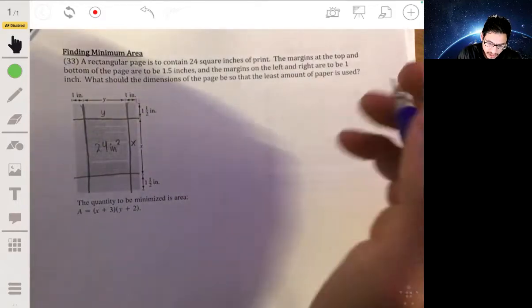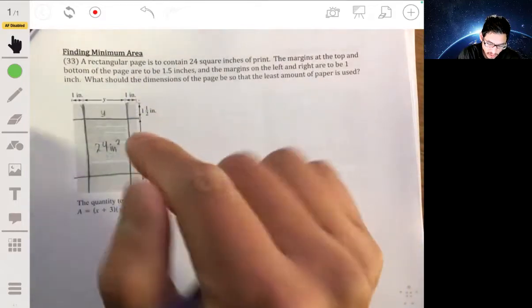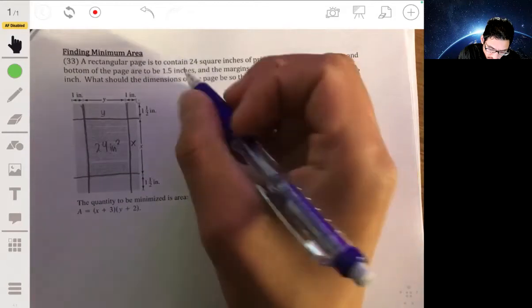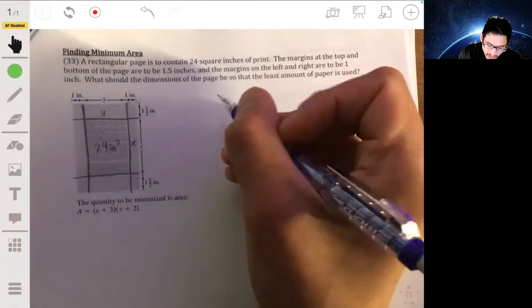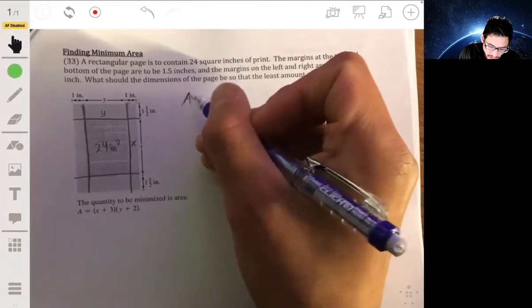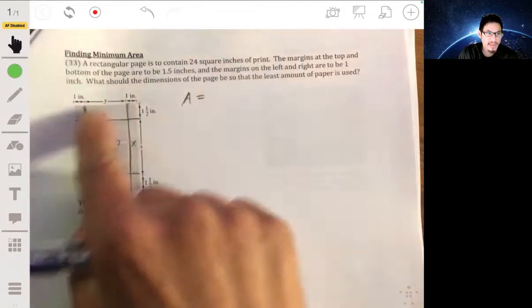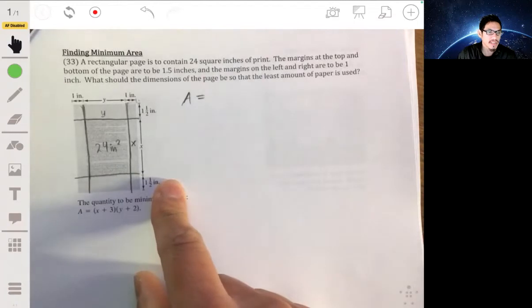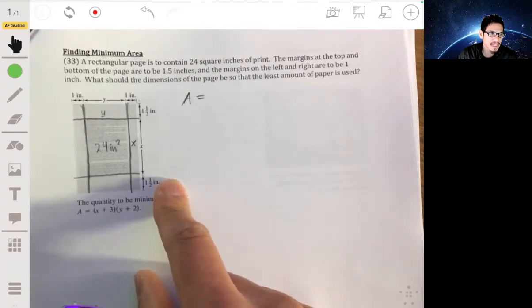So let's see what we got here. We want to figure out the dimensions of the page so that the least amount of paper is used. So we're going to have area represent the page, basically the amount of area that the page uses.